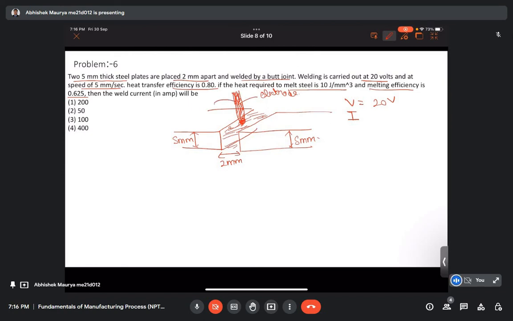It is made up of steel, and the melted material will get deposited in between these two plates.